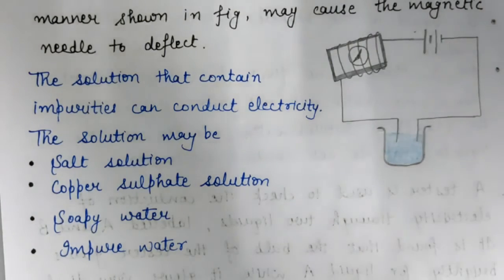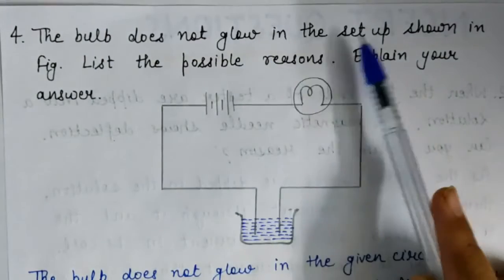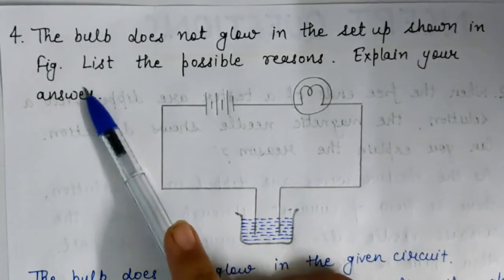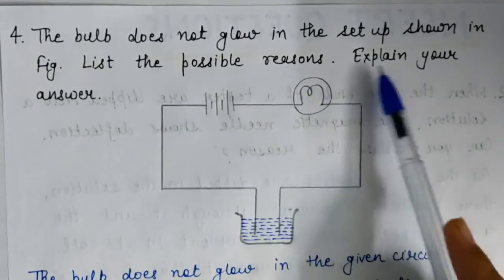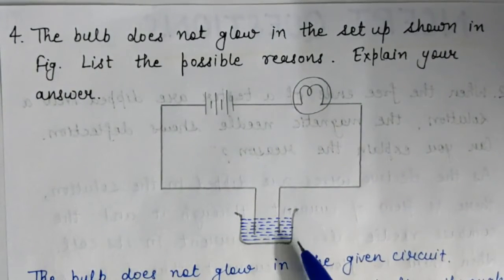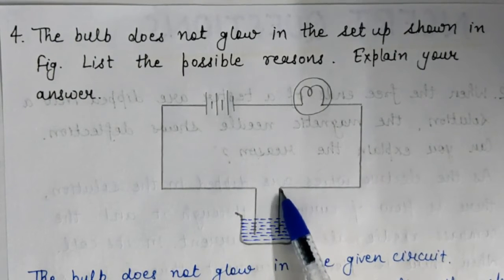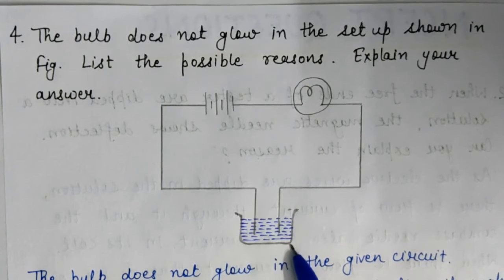Okay. Now question number 4. The bulb does not glow in the setup shown in the figure. List the possible reasons. Explain your answer. This is your setup. This is a beaker in which we have taken a solution. And the ends of these wires are dipped into the solution.